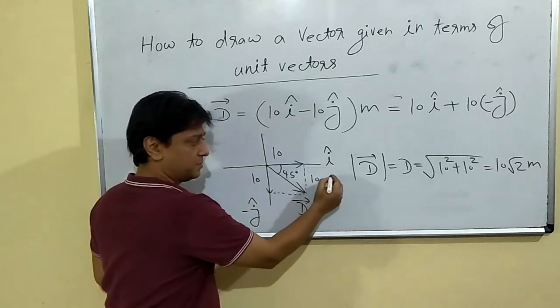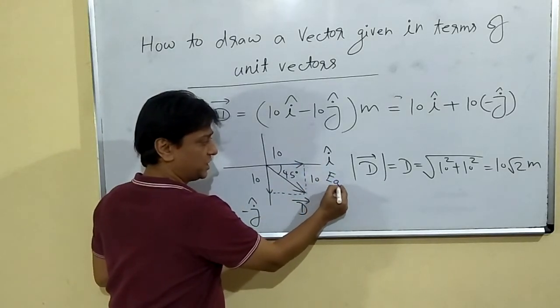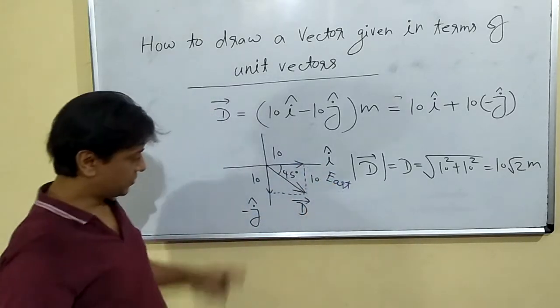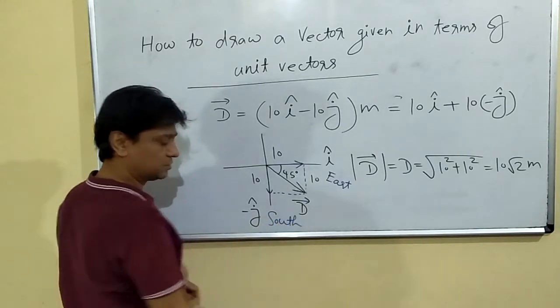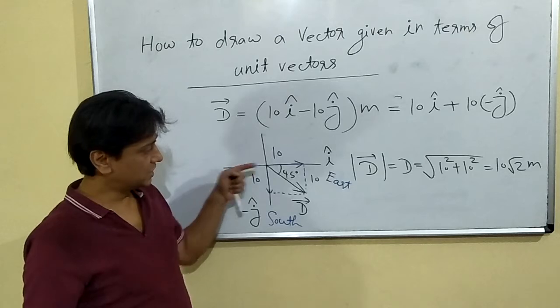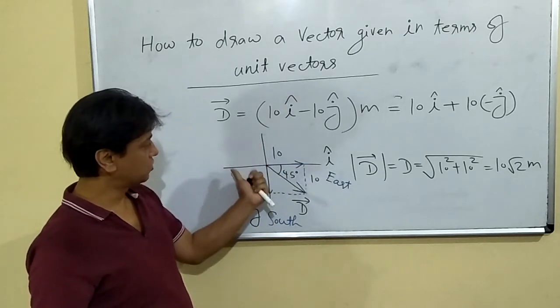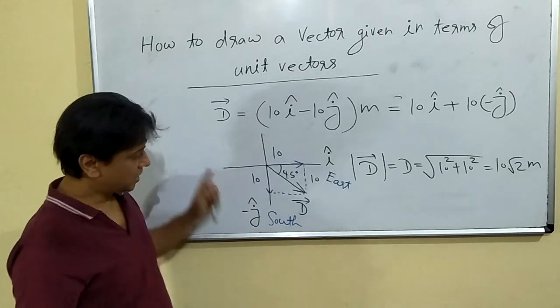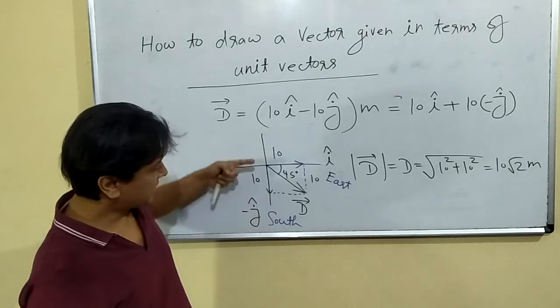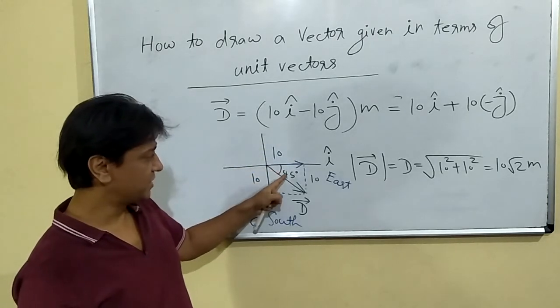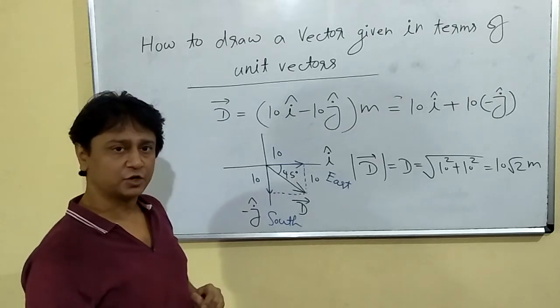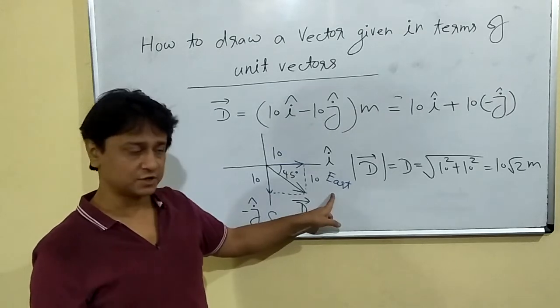If I cap corresponds to east, then minus j cap corresponds to south. East, north, west, south. If our vector is exactly between east and south at 45 degrees, then we call this direction south east.